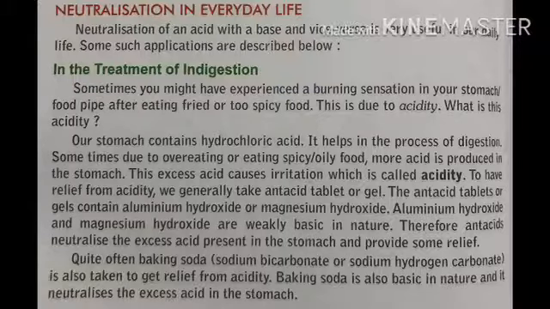Therefore, antacids neutralize the excess acid present in the stomach and provide some relief. Quite often, baking soda, sodium bicarbonate or sodium hydrogen carbonate, is also taken to get relief from acidity. Baking soda is also basic in nature and it neutralizes the excess acid in the stomach.